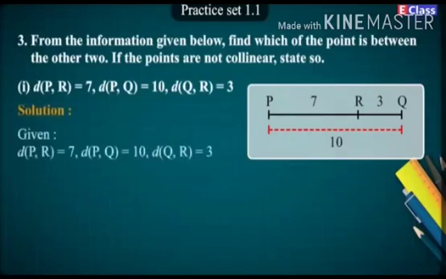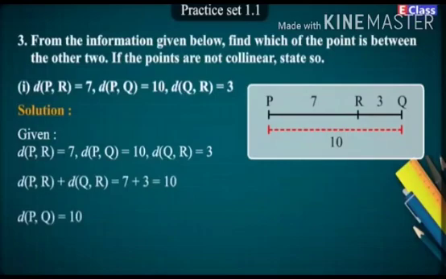Solution. Given. Distance of PR is equal to 7. Distance of PQ is equal to 10. Distance of QR is equal to 3. Distance of PR plus distance of QR is equal to 7 plus 3, which is equal to 10.